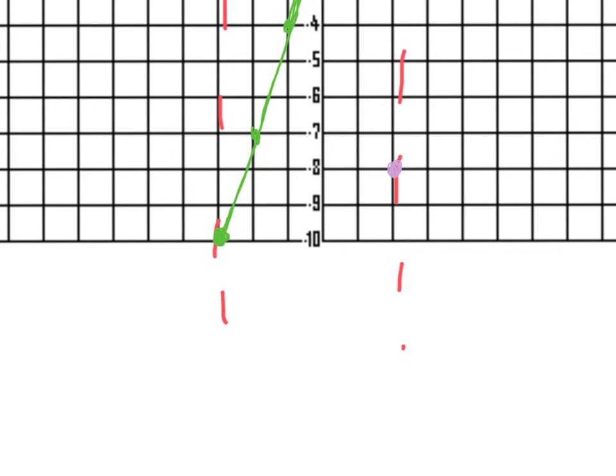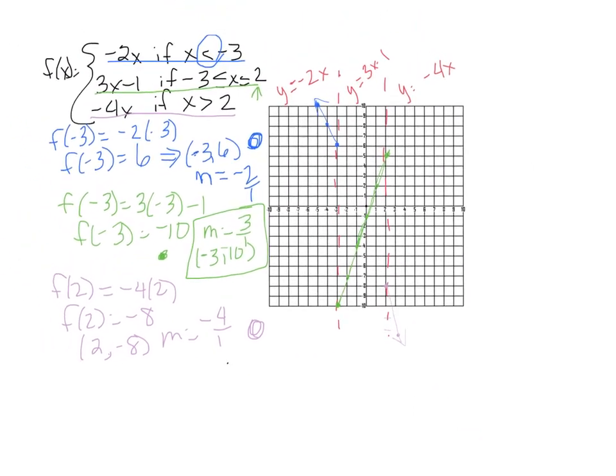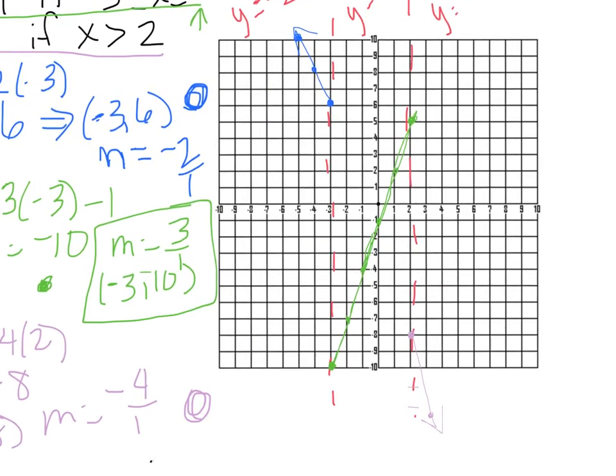I have to go down 4, which is going to be 2 more tick marks on my graph. So I'm going to go down 4, 1, 2, 3, 4, and run 1 in order to get to my next point. So this one's kind of off my graph just a little bit in order to get that third piece. Okay, now let's zoom back out here so we can see our full graph. Oh, that looks so cool.